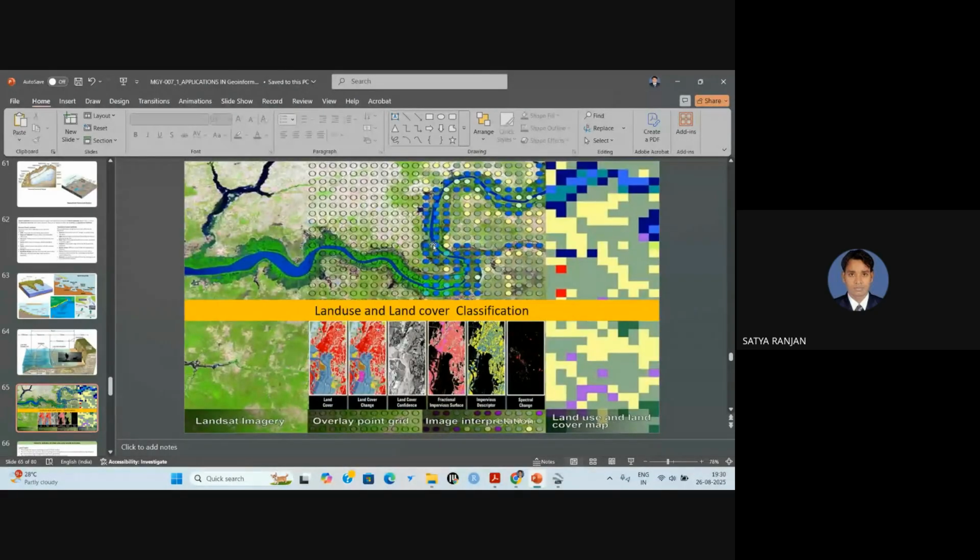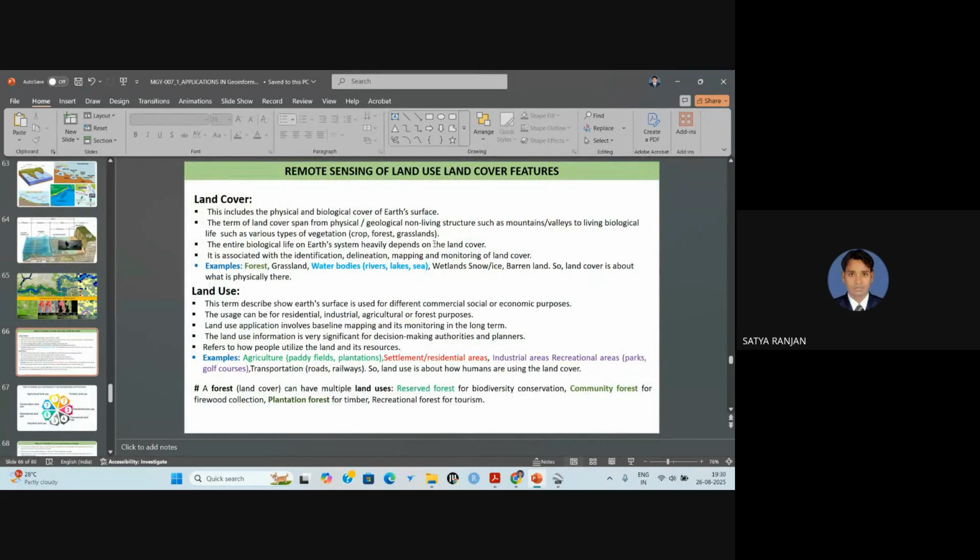Then we will see land use and land cover classifications. What is land use and land cover? Land cover generally includes the physical and biological cover of the earth's surface, and land use is the term that describes how the earth's surface is used for different commercial, social, and economic purposes. Land cover generally comprises forest, grassland, water bodies, rivers, lakes, and sea.